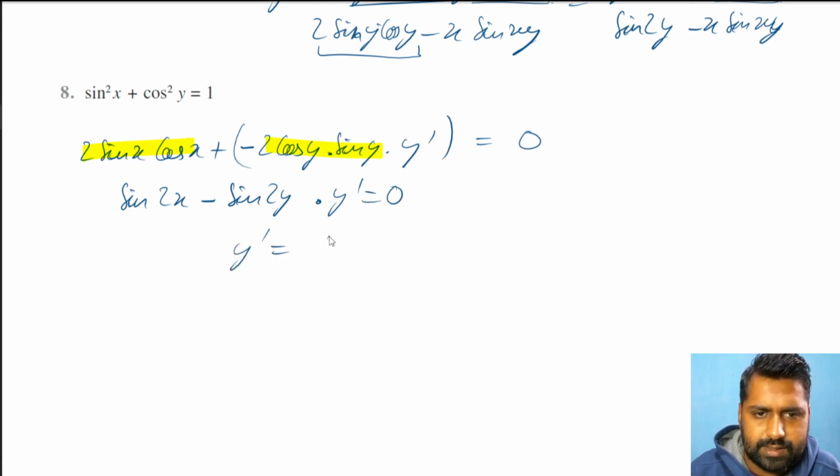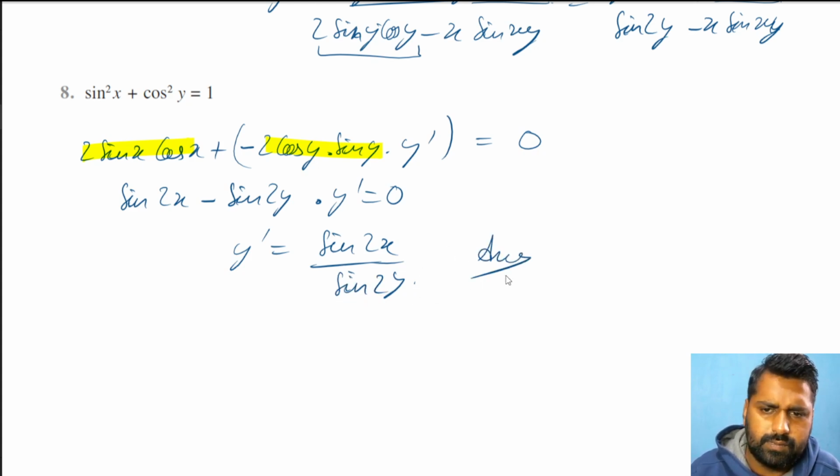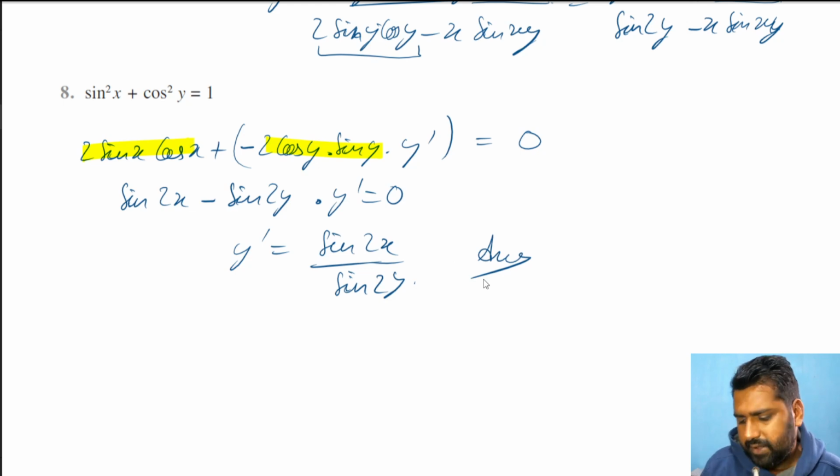So y dash is sine 2x upon sine 2y. That's your answer. So implicit function differentiation is very simple. Sometimes it's slightly lengthy, but the chain rule application is again here.